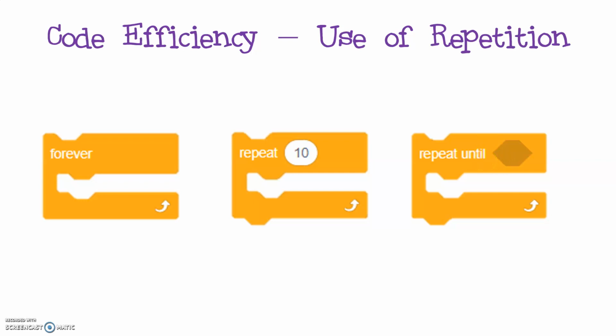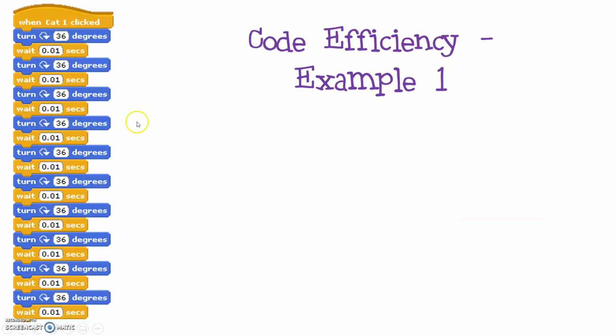Okay, so let's have a quick look at some examples of code and see how we can make them more efficient. So here's a first one. We've got, when a cat is clicked, it turns 36 degrees, waits 0.01 seconds, which is a very short period of time, turns 36, repeats, turns 36, repeats, turns 36, repeats, and so on and so forth, and keeps going down until the very end.